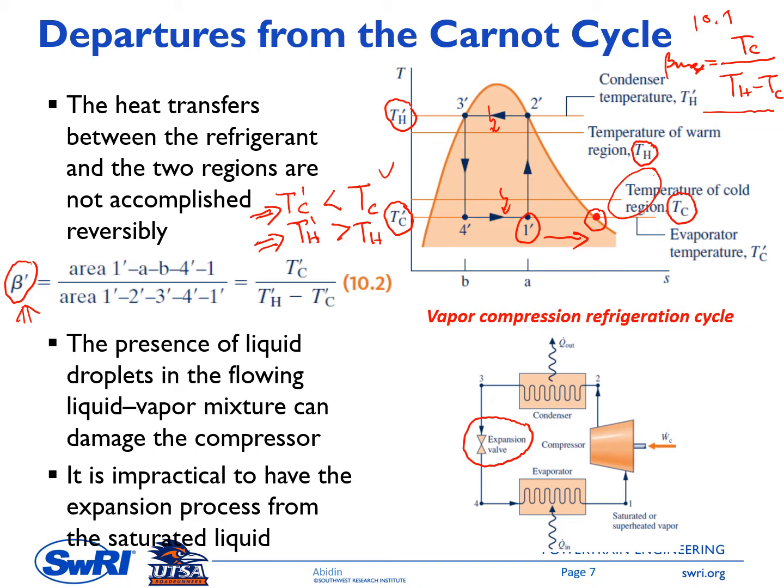We don't get any work from this expansion valve, but the price is much cheaper than the turbine price, and the maintenance of this expansion valve is also cheaper than the turbine maintenance. Therefore, in a real refrigeration cycle, we have this configuration. So we don't have a turbine as a component of this refrigeration cycle, rather this turbine is replaced by an expansion valve.